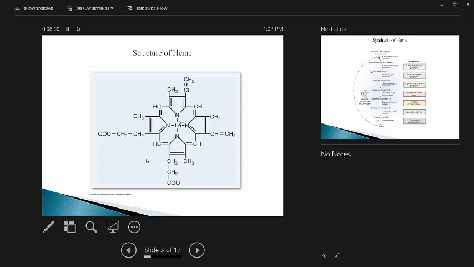This structure is called a chelate, and anybody want to get a culture dollar to tell me what chelate, C-H-E-L-E, means? What do you think? No. Anybody? All right. So we have other culture dollars today.